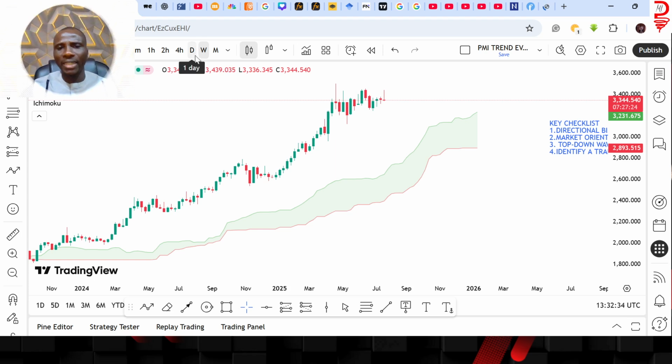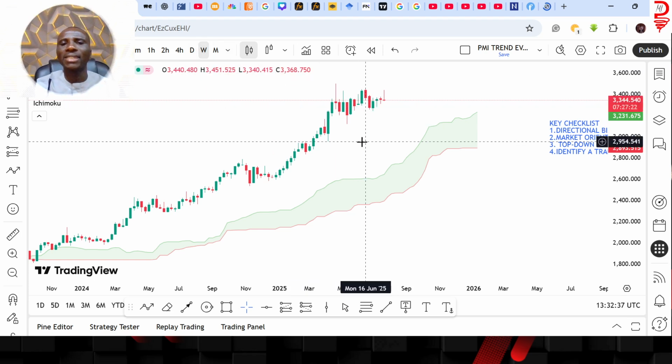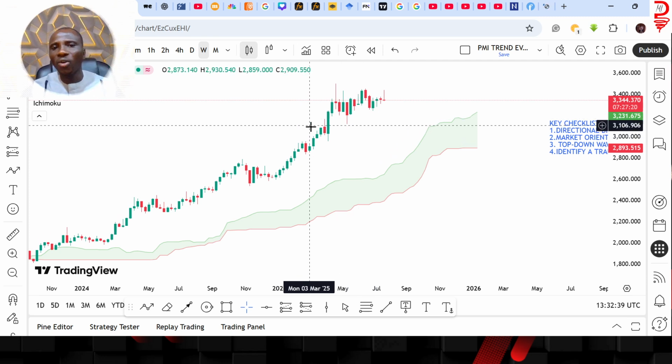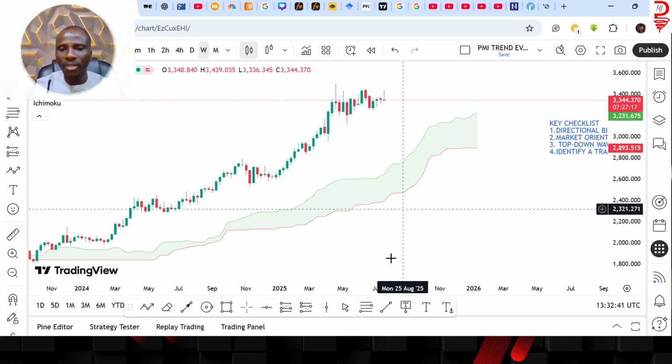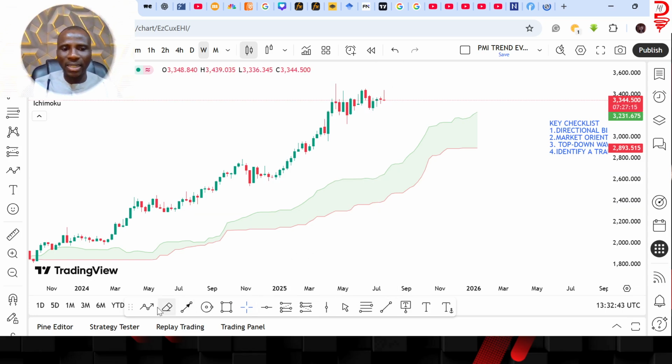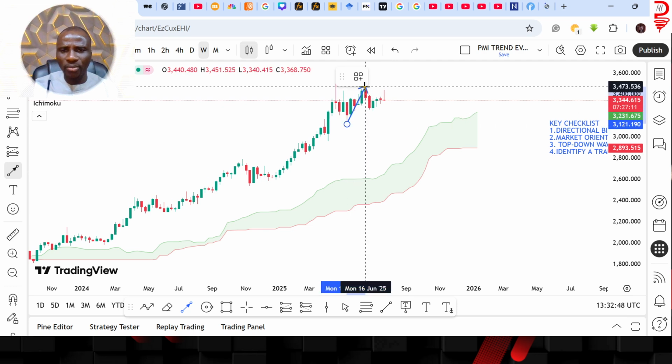When you get to your daily now, remember I said that for a weekly wave, the anchor chart is your weekly. So look at it now. This is a wave. This is an impulse wave.